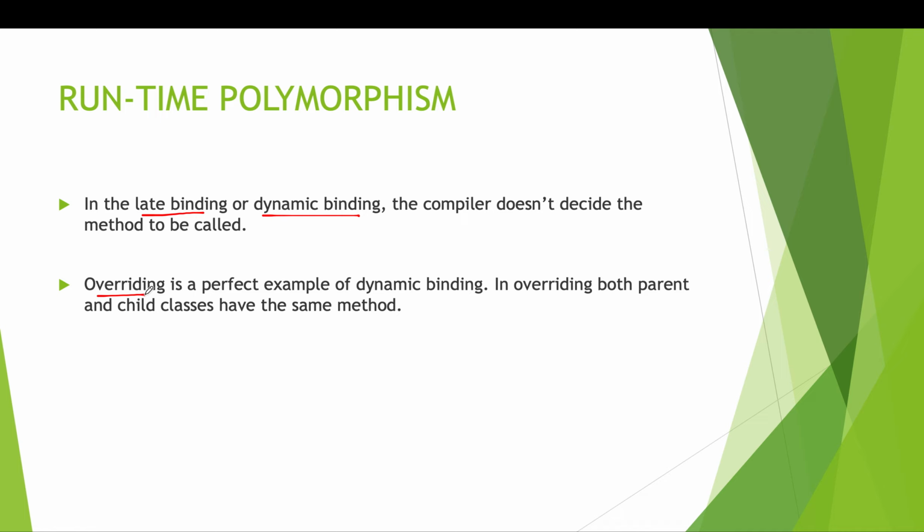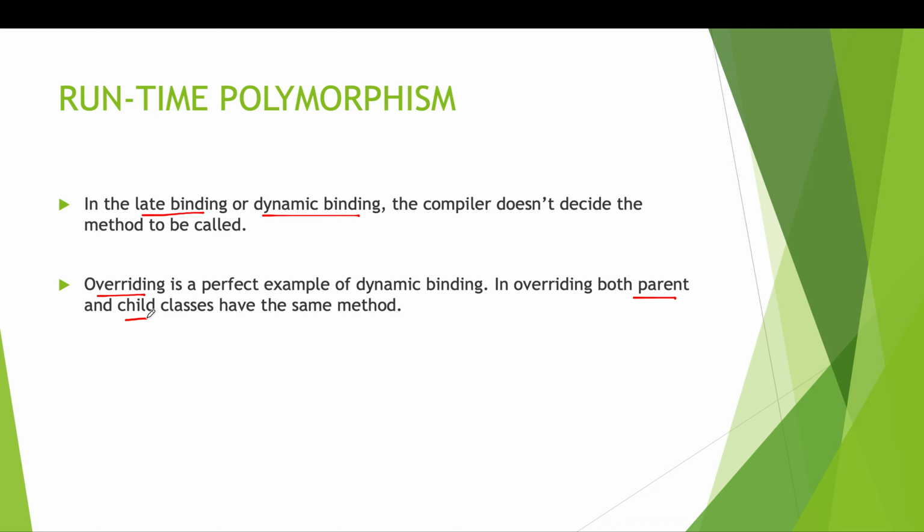The second concept is function overriding, which is runtime polymorphism. Now we are going to look into what function overriding is. Overriding is a perfect example of dynamic binding. It is actually a concept of inheritance. Overriding happens when both the parent class and the child class have the same method.